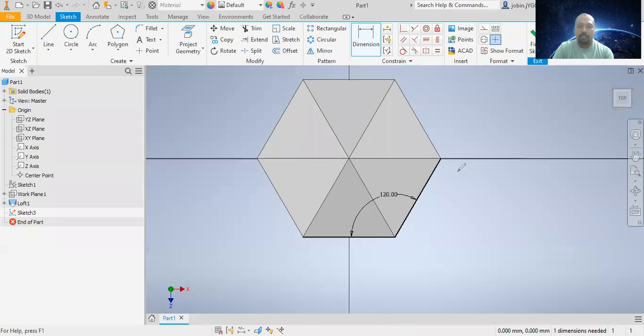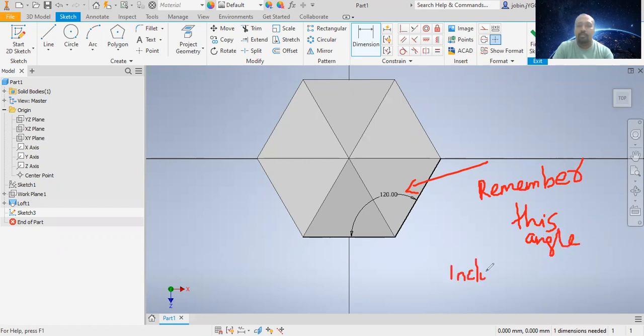So remember this angle. The included angle is equal to 120 degree.